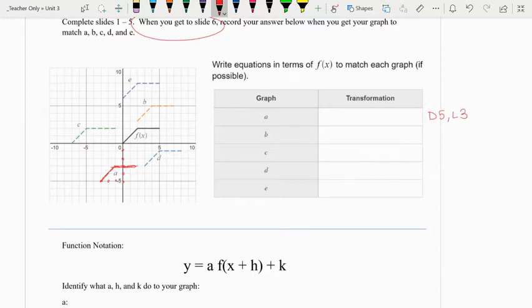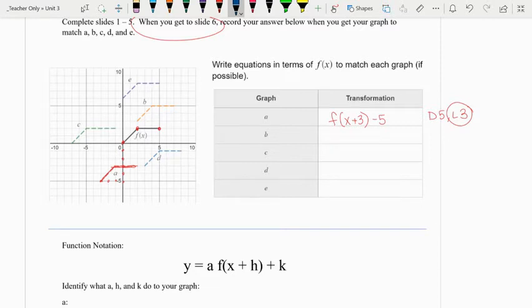Now, notice how I just picked the bottom left point of f of x, and I just moved that one, okay? That's how you can do it for all of these. You could have also picked this point on f of x or this point on f of x. It doesn't matter, okay? You just move one of them. So we should have ended up with f of x, and it would have been plus 3 and then minus 5. Okay, so notice how it's left 3, but it says plus 3.